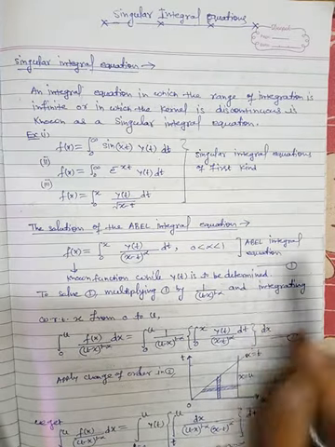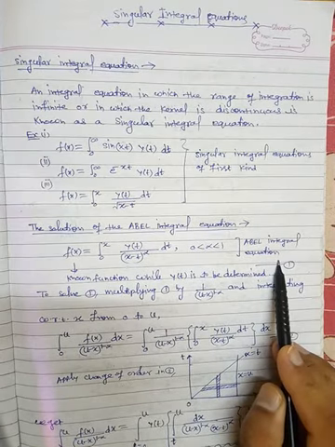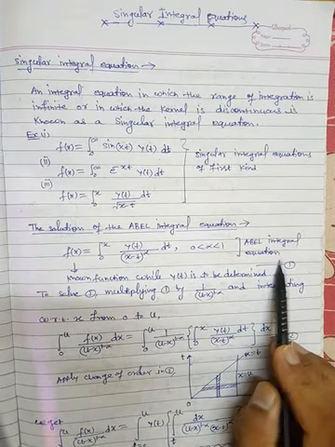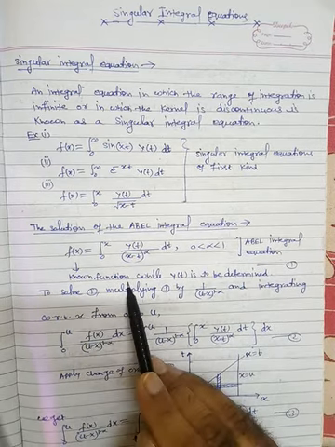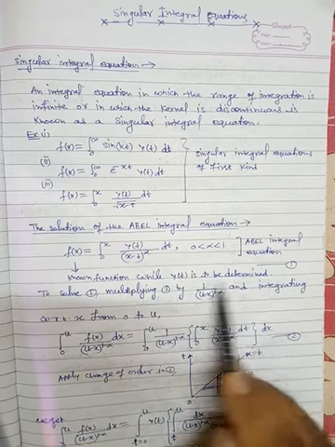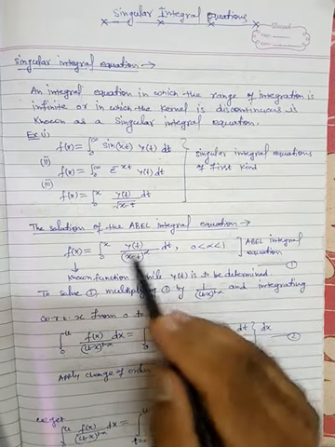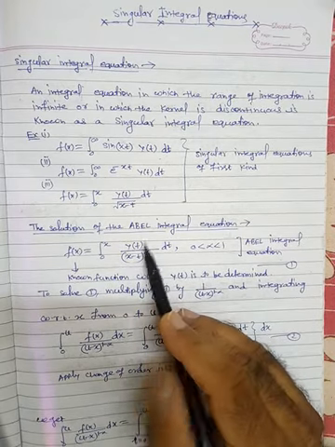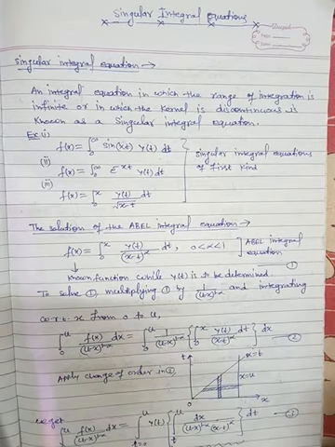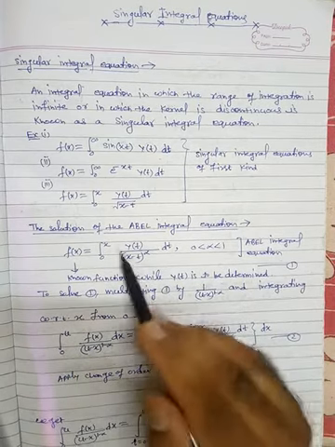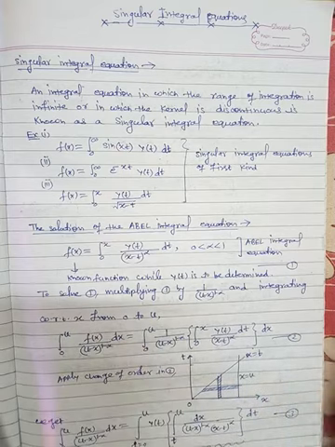Here f of x is the known function, while y of t is our unknown function. Our interest is to find y from this equation.